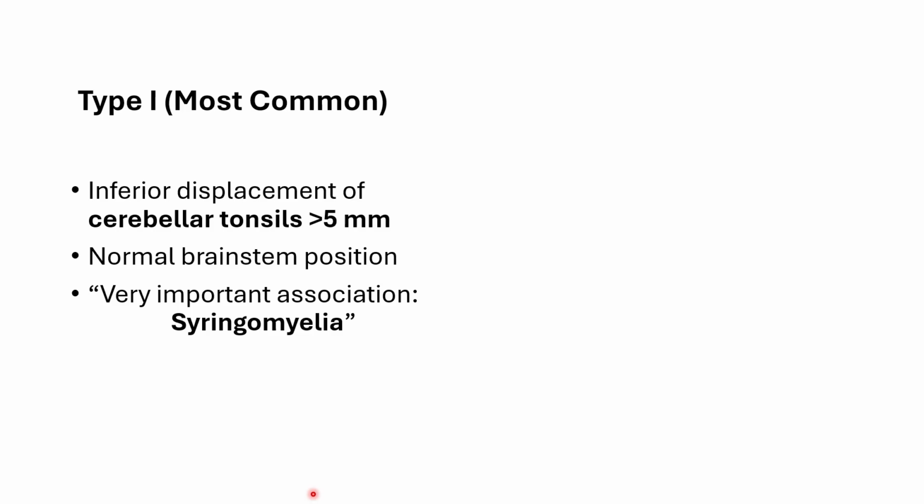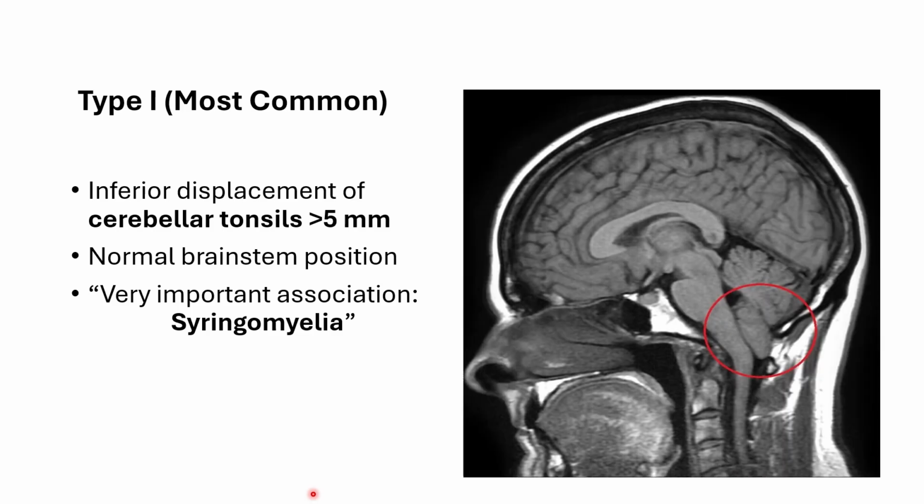The first one is type 1. It is the most common type, and what we see here is the inferior displacement of the cerebellar tonsil of more than 5 mm. As I said, more than 5 mm is diagnosed as type 1 Chiari malformation. We can see it here in the circle.